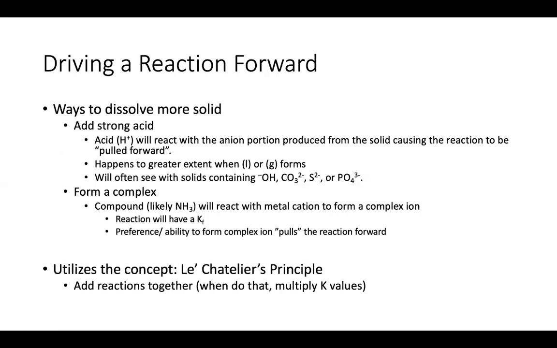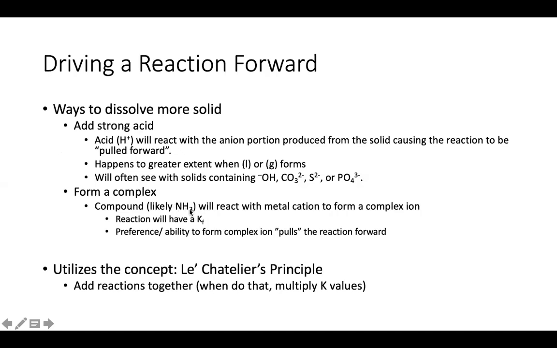Okay, now we can also see this by not just adding a strong acid, but instead we could form a complex, right? And so this is kind of like Kf when we're making complex ions, which was introduced earlier this chapter, right? One of the more likely scenarios you'll see where we're forming a complex is when we add ammonia, right?